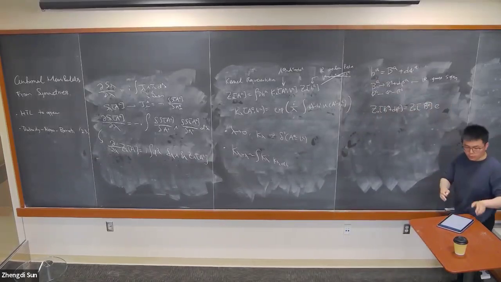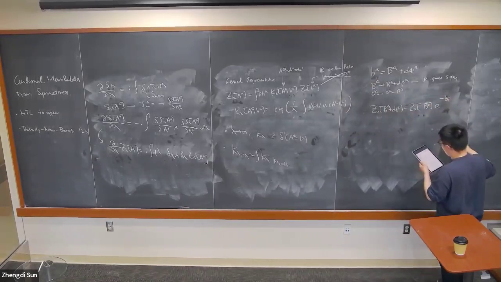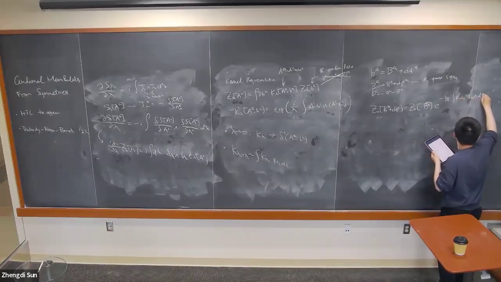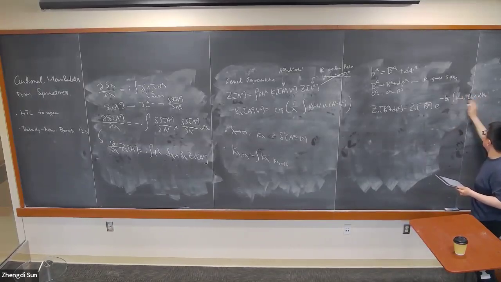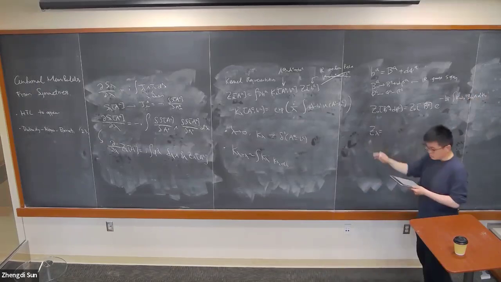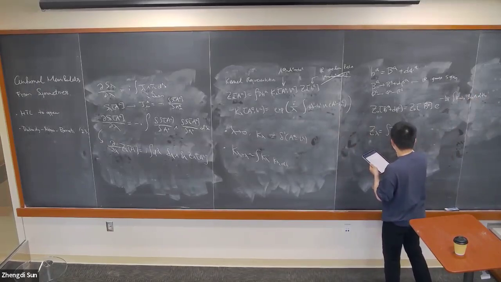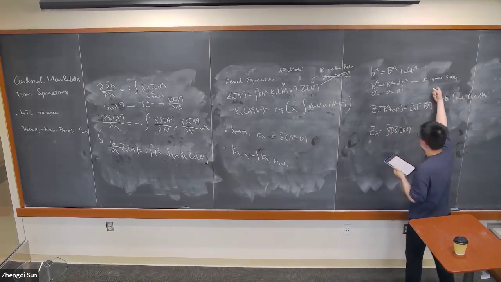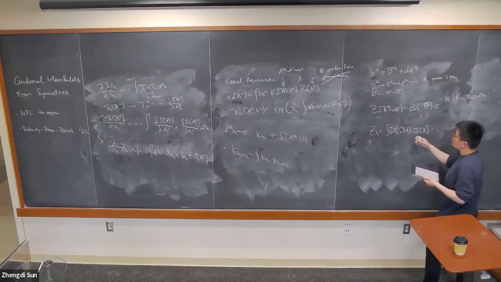But in general, the anomaly will take the form like this: if we do a gauge transformation, it's given by a phase factor e to the i over 2 pi K_AB B^A wedge d phi^B. Okay. So this is what happens if we can always add the right counterterms to bring it into a form like this. So then in this case, the new partition function, where we turn off the background gauge fields, is related to the original partition function by a path integral over the gauge fields and the scalars.